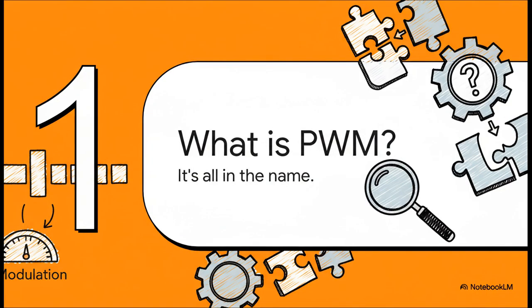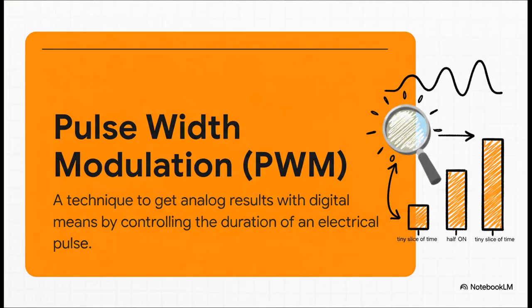So what is this PWM thing, really? Well, believe it or not, the name itself tells you pretty much everything you need to know. At its heart, PWM is a super clever trick. It's a way for us to get what looks like an analog result, a light that dims smoothly, by using a purely digital signal. And digital can only be two things, all the way on or all the way off.